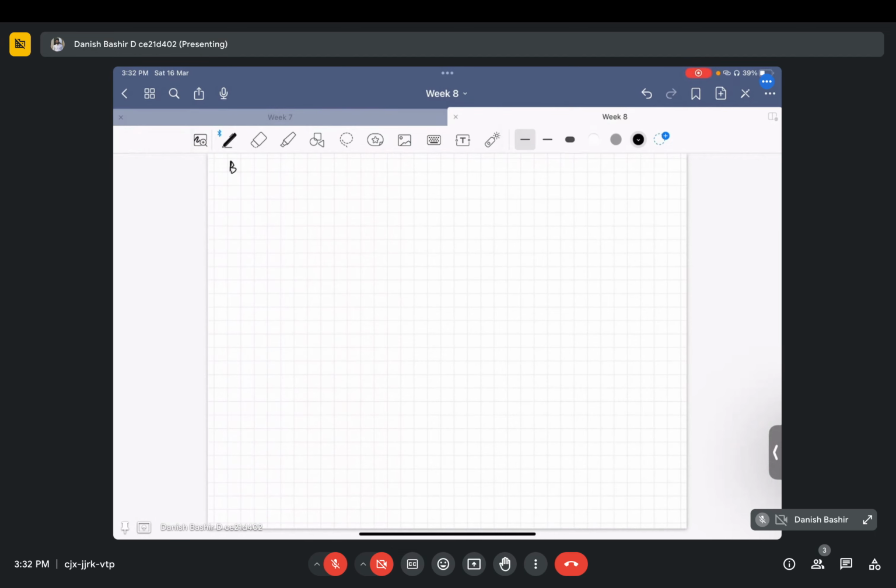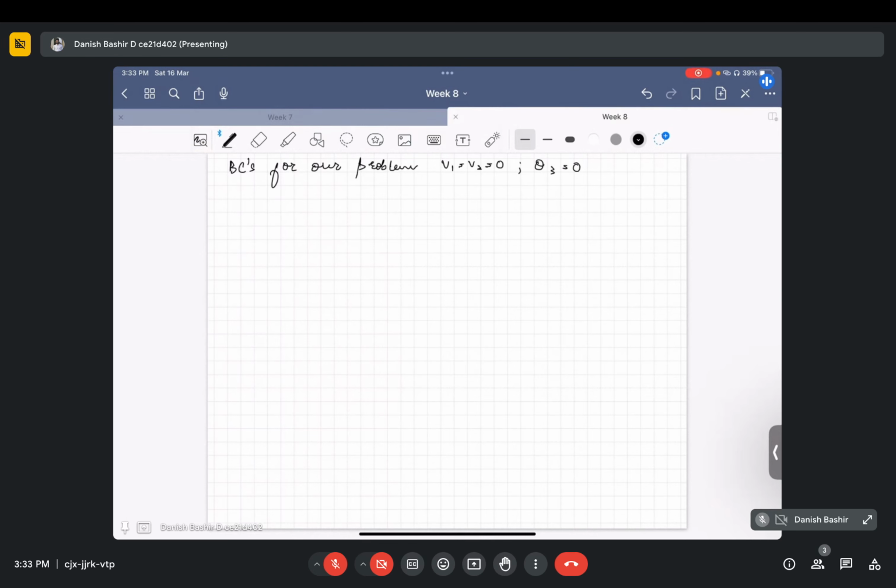So the boundary conditions for our problem will be v1 equal to v2 equal to 0, and we have one more boundary condition, that theta 3 is equal to 0.